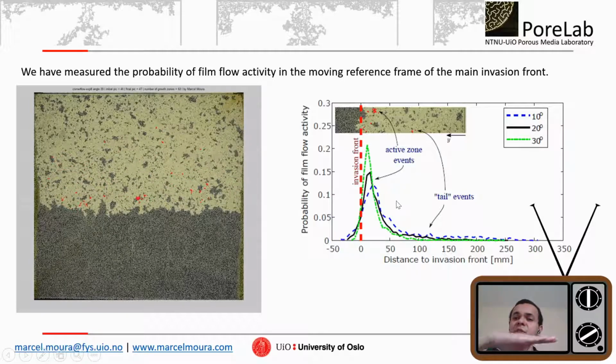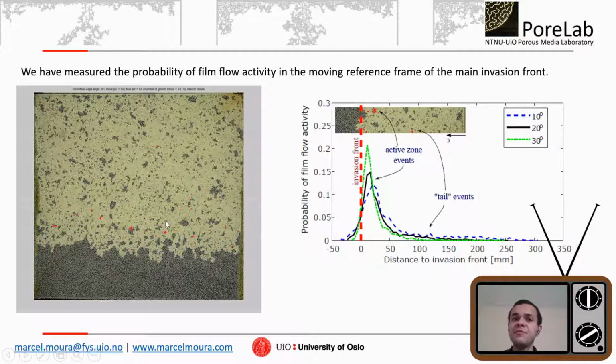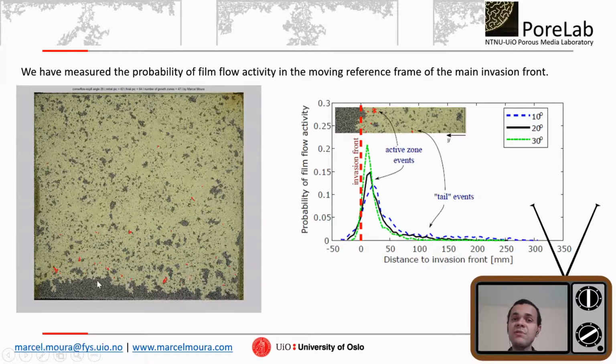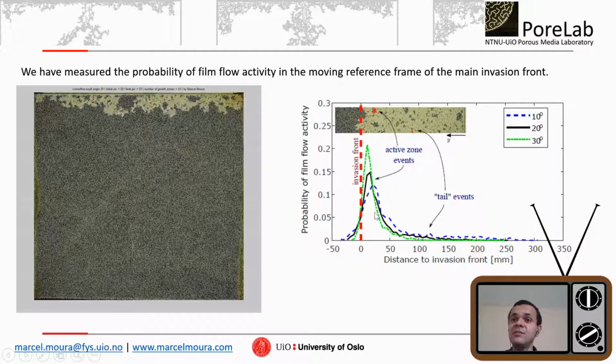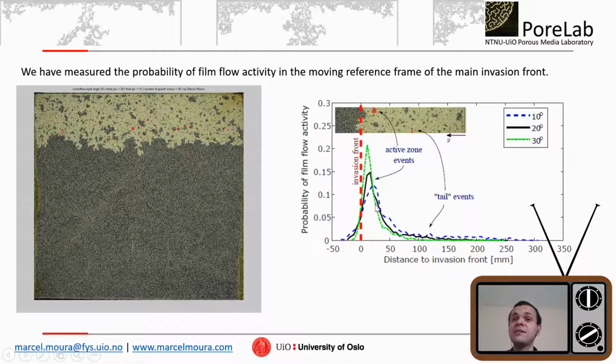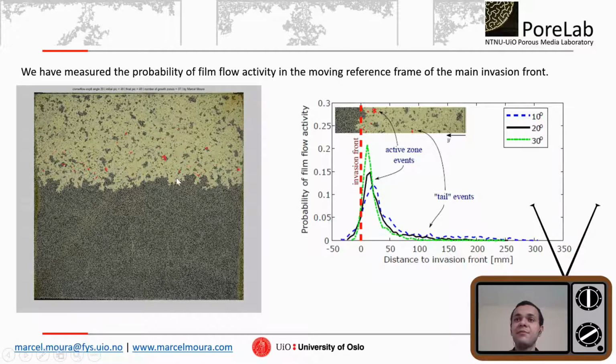This is for experiments of varying angles, and in all of them, the film flow activity happens closer to the front, and the steeper the experiment, the more well-defined that is. I mean, let me say that the width of this zone here, where you have film flow events, gets reduced and gets closer to the main front.